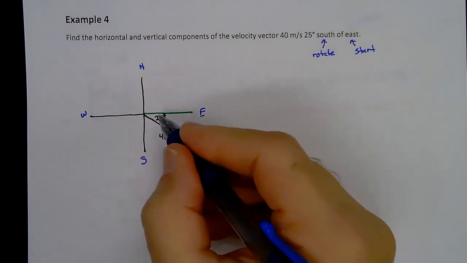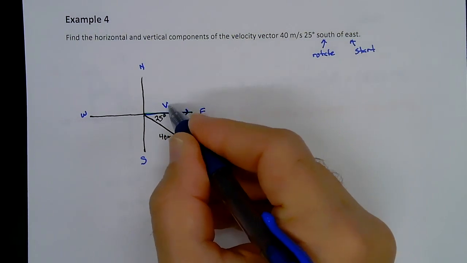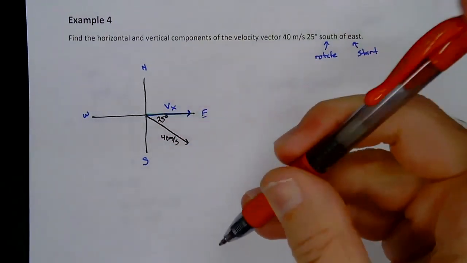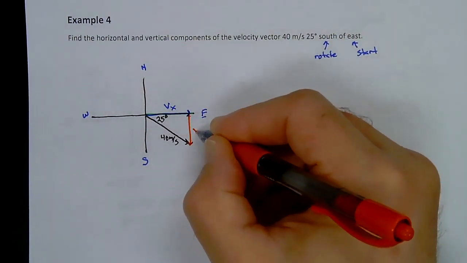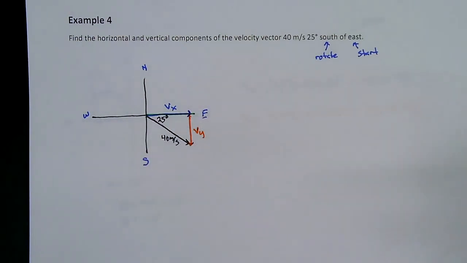So this is going to be my horizontal component, V sub x, and my vertical component is going to come down. So just by drawing this and looking at it, our V sub x should come out to be positive and our V sub y should come out to be negative, just because of where it's located.